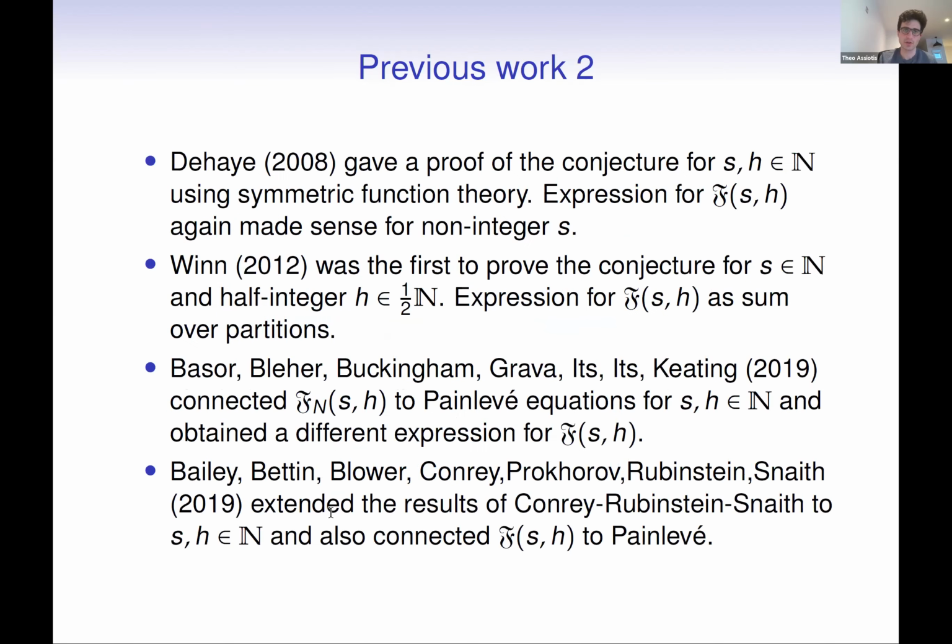Then in 2008, Dehaye gave a proof of the conjecture again for s and h integers using symmetric functions, and the expression again made sense for non-integer s. And Winn, in 2012, in a very interesting paper, proved the conjecture again for s integer and half-integer h. In particular, he gave this as a sum over partitions.